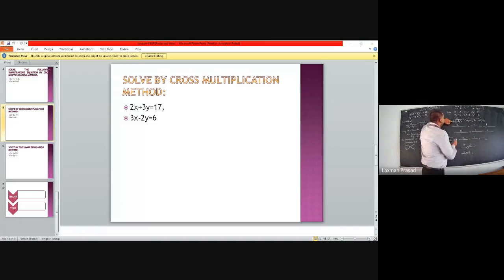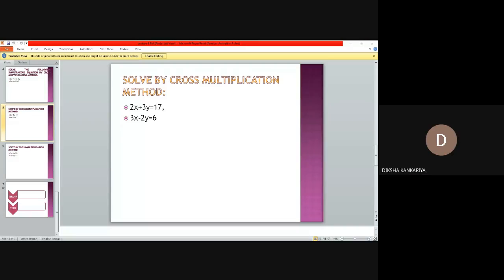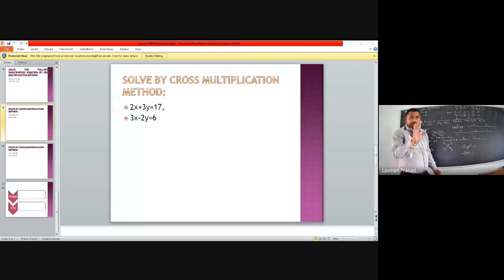The value of b1 is 3, the value of c2 is minus 6, sign minus, and the value of b2 is minus 2.